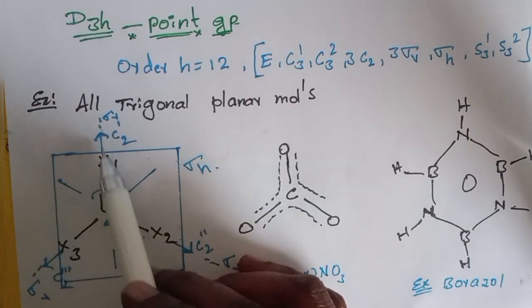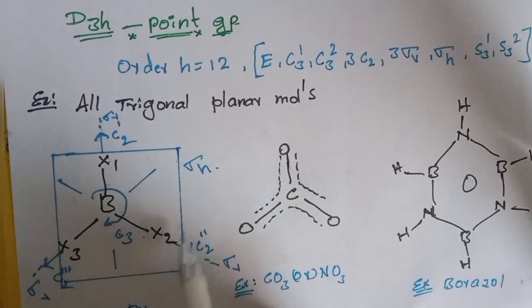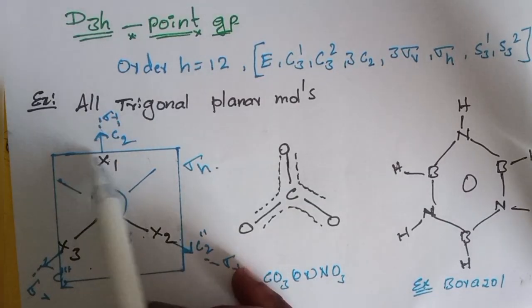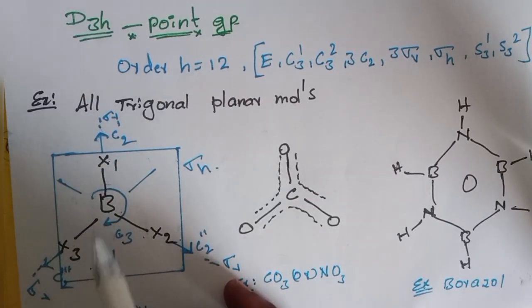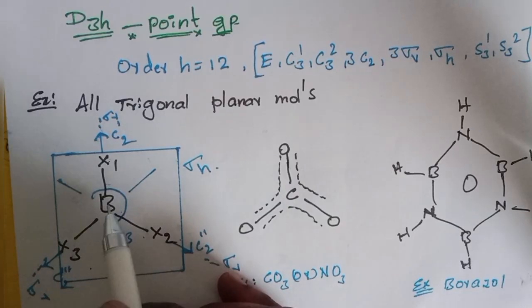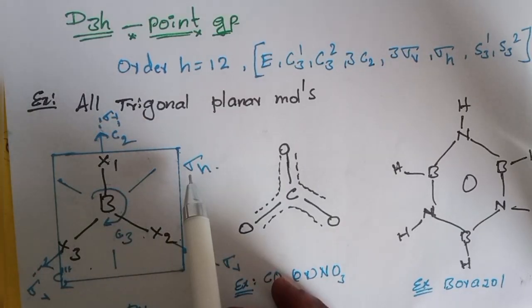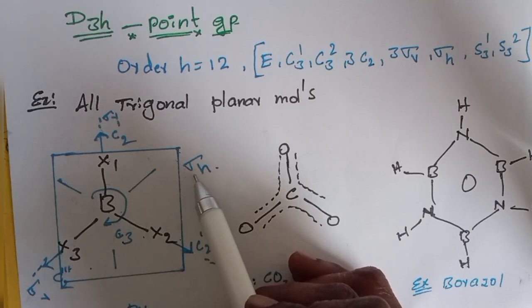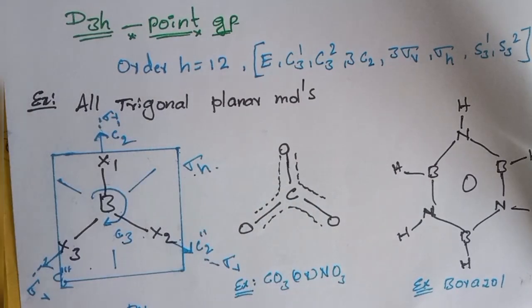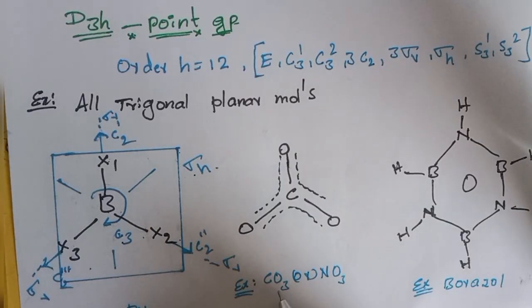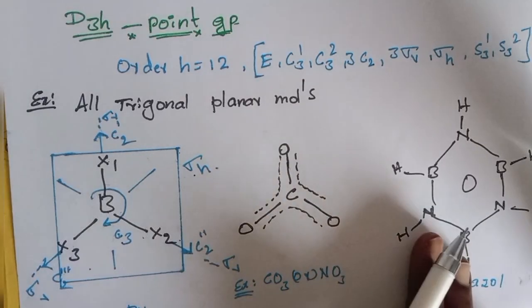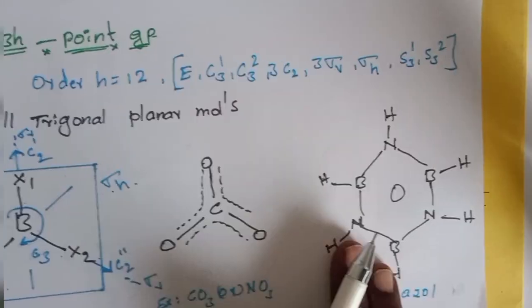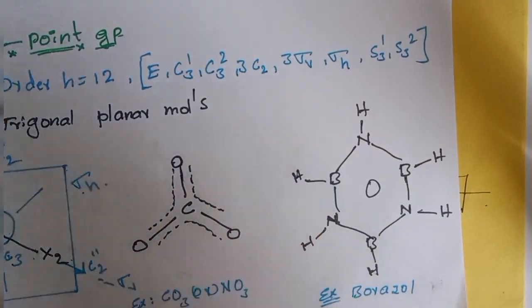Through the 3 C2s, 3 sigma v's are also present, and one molecular plane is possible. The relation between the principal axis and this molecular plane is perpendicular, so the molecular plane can be considered as sigma h. No i is present because n is odd. More examples are carbonate and nitrate, because they have triangular planar structures. Borazole too.